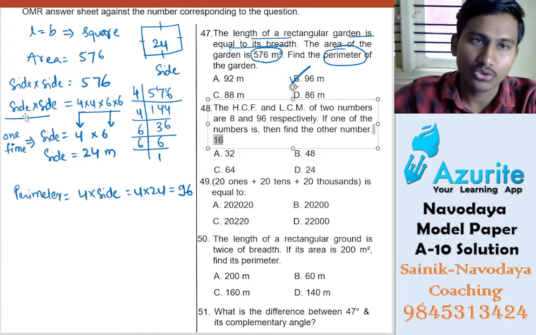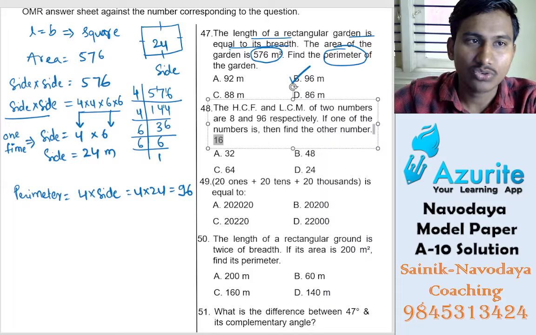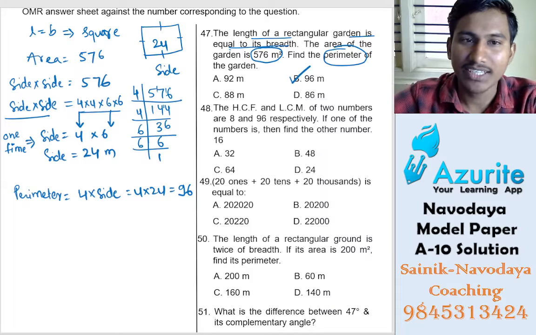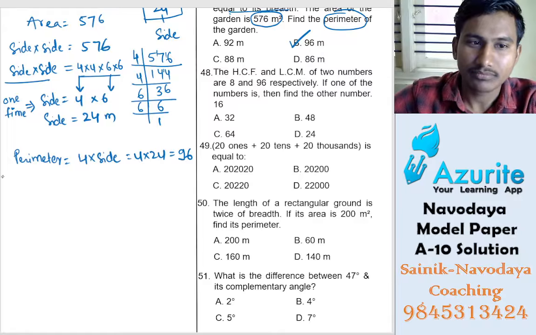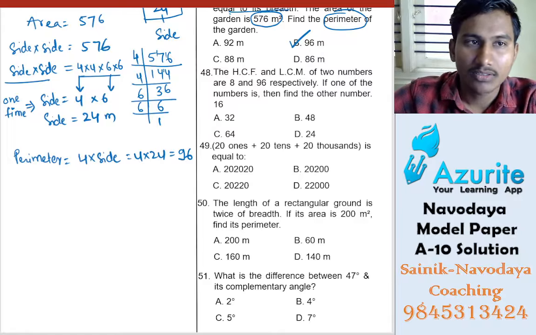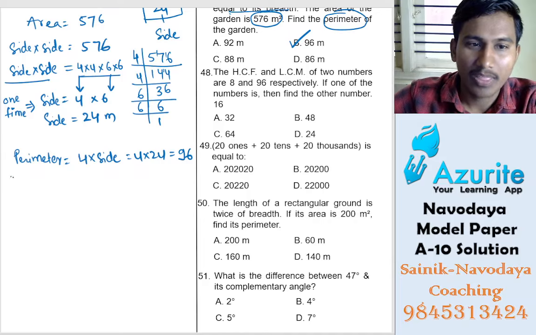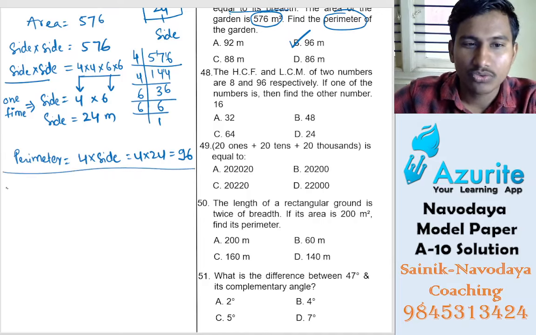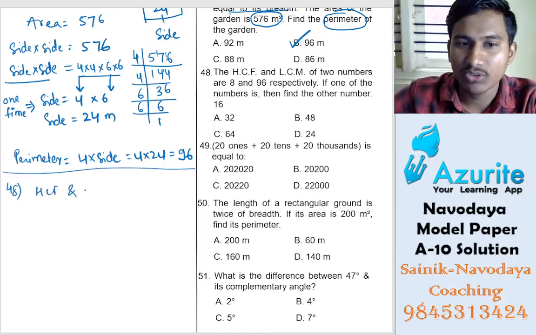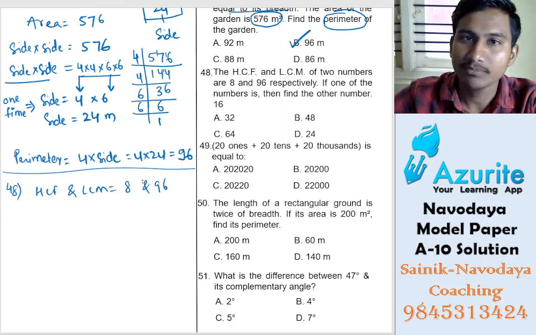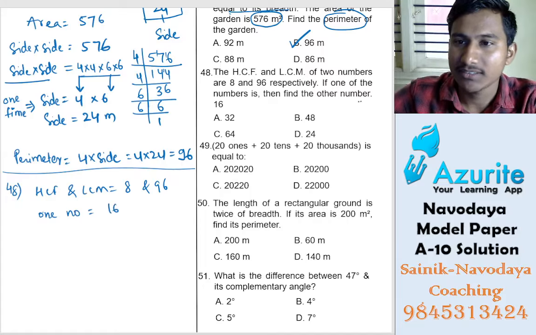Okay, so let us do it here. So what is the given? 48, right? So here HCF and LCM are what? 8 and 96. Okay, one number is what? One number is 16 here, right?